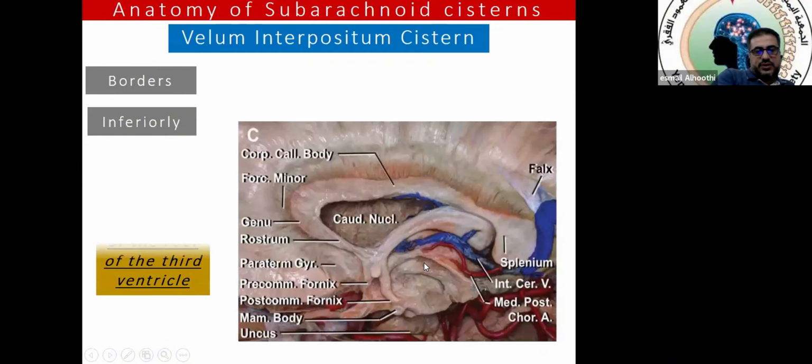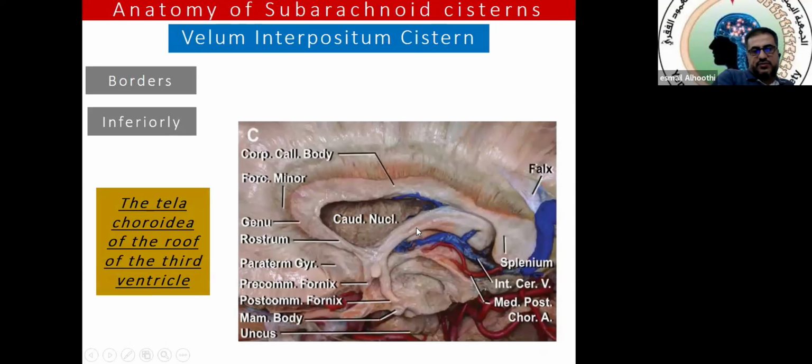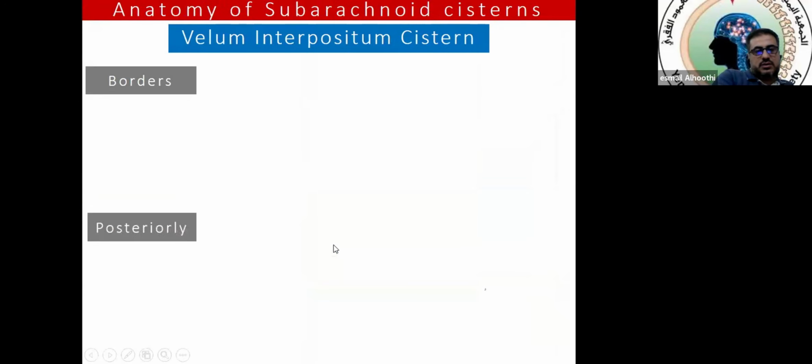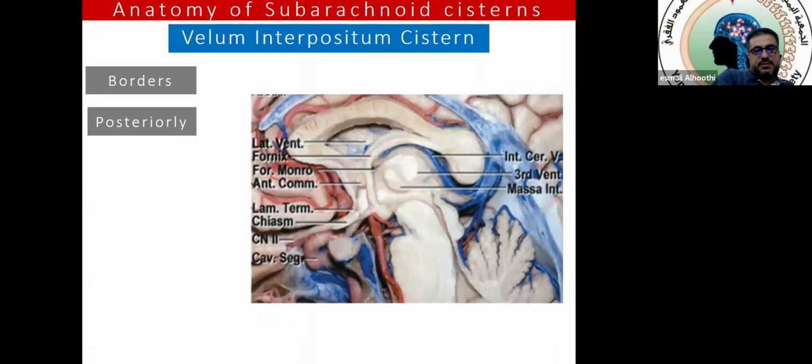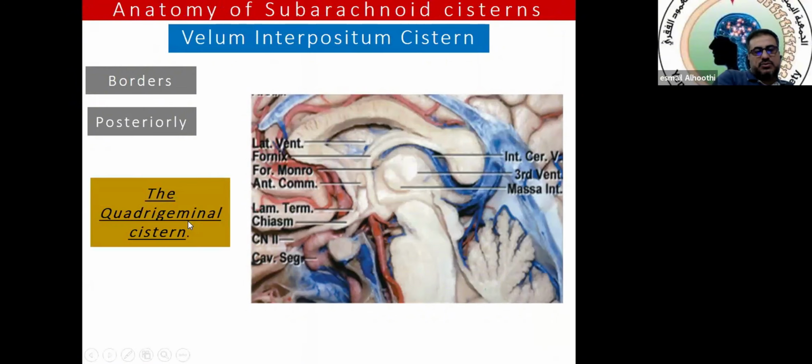Inferiorly, it's bounded by the roof of the fourth ventricle, of the third ventricle, sorry. This is the roof of the third ventricle. It makes the inferior border of the velum interpositum cistern. Posteriorly, it's bounded by the quadrigeminal cistern.